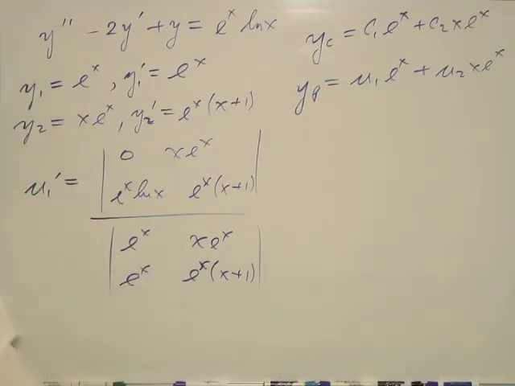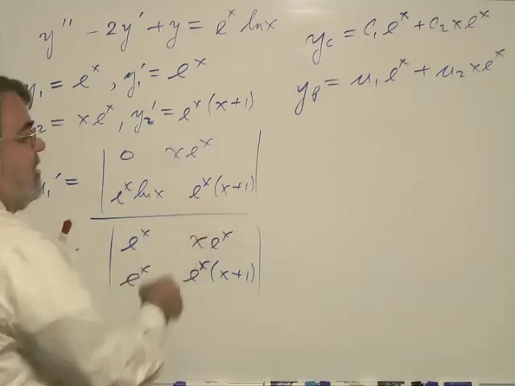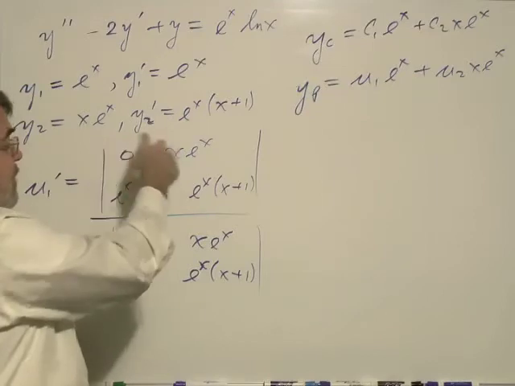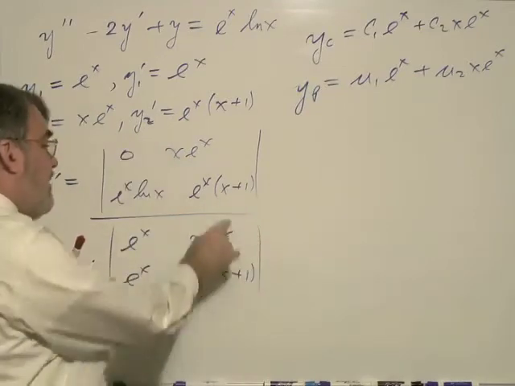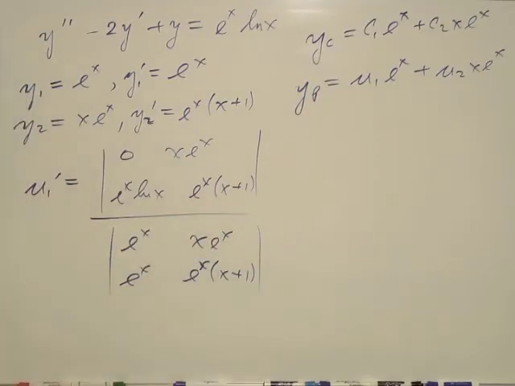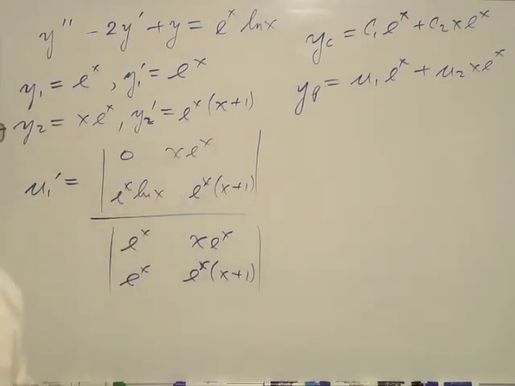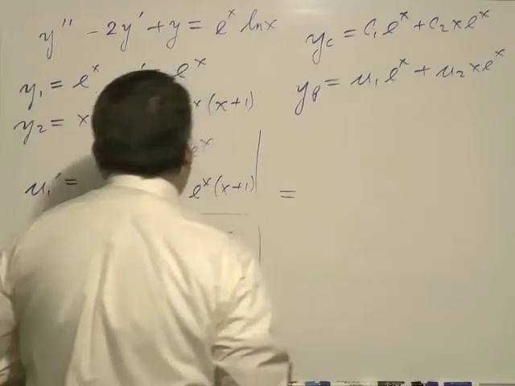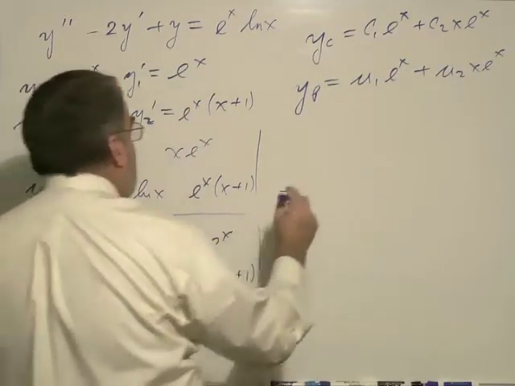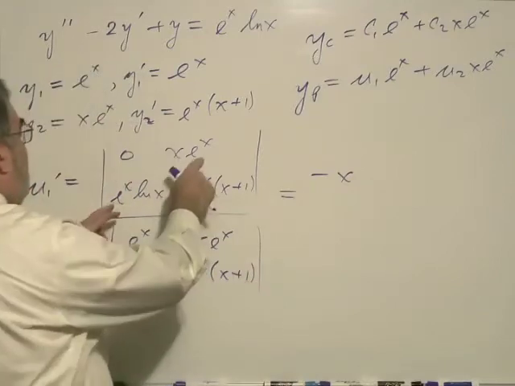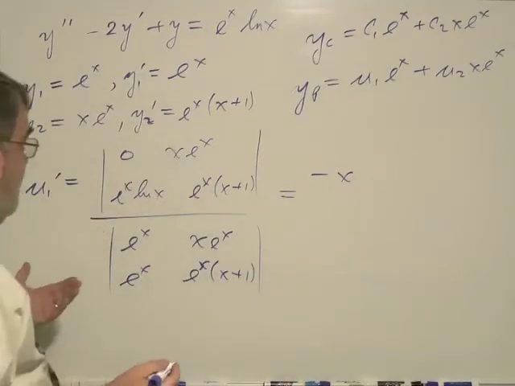Alright, it's a mess, isn't it? Kind of like my remark in the last video, we could just put 0 there, because in a 2 by 2 determinant, if you have a 0 in this corner, then this product is going to be 0. It doesn't matter what goes there. So I have 0 minus this product. What is this product? It's going to be minus x times e^x times e^x, that's e^(2x), isn't it?